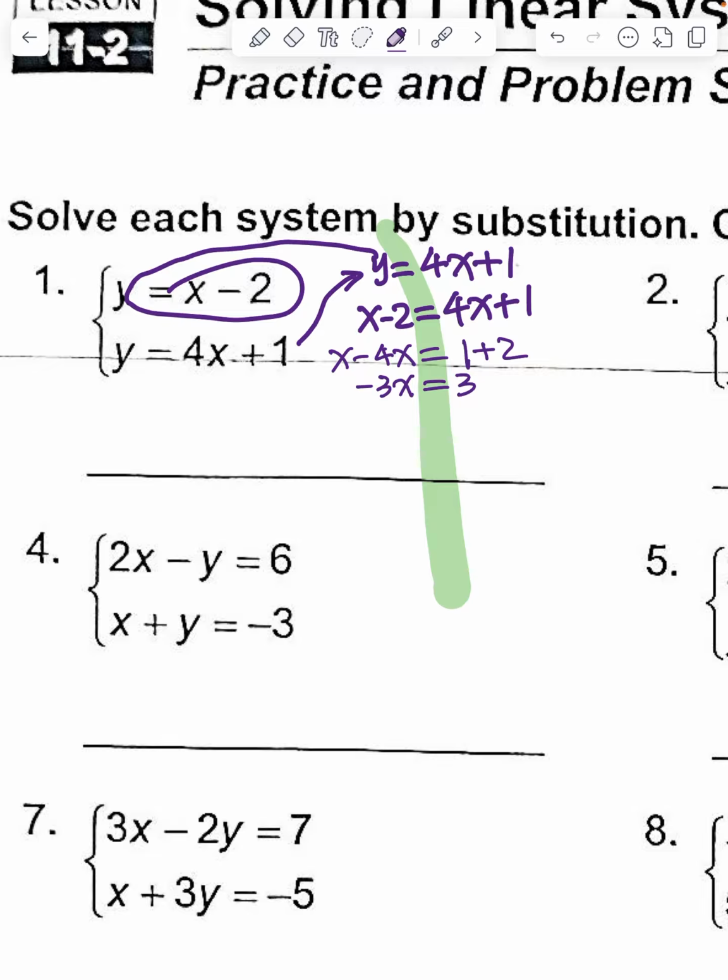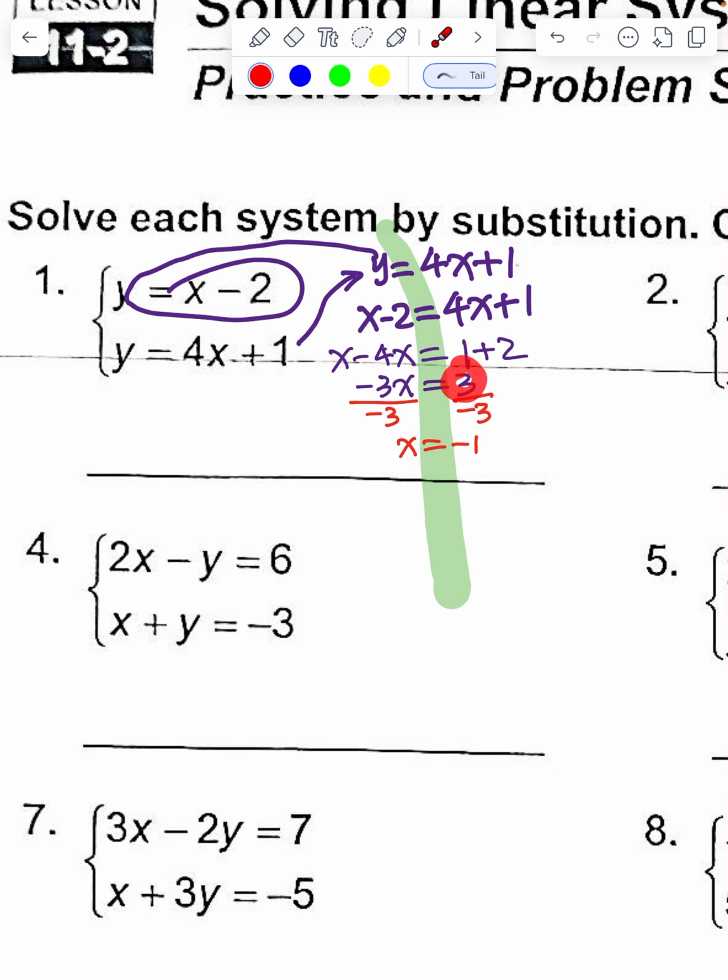Negative 3x means negative 3 times x, so to get rid of the negative 3 we have to divide both sides by negative 3. Negative 3 divided by negative 3 is 1, they cancel out. We only have 1x left. x equals 3 divided by negative 3, that's negative 1. So x equals negative 1.